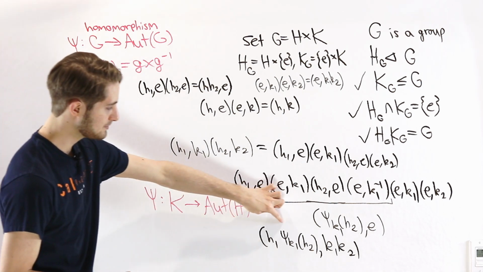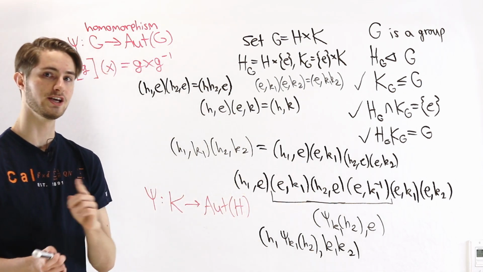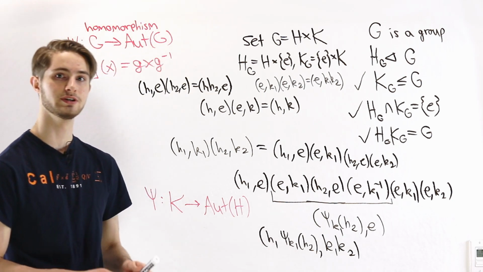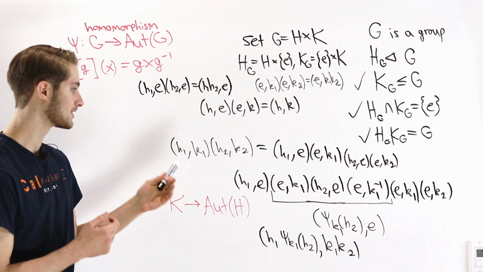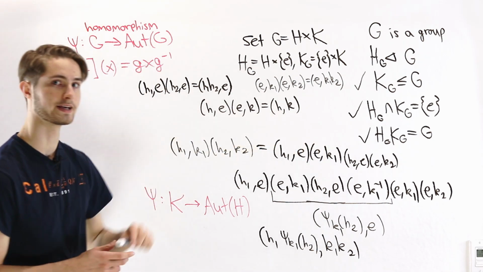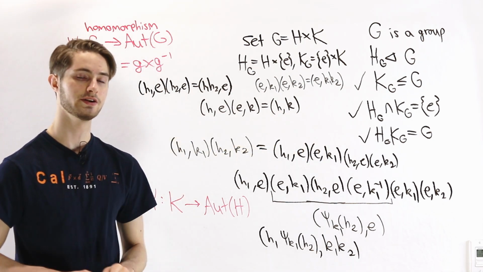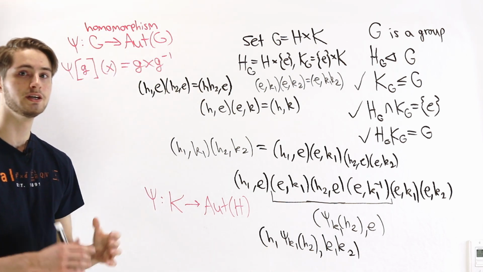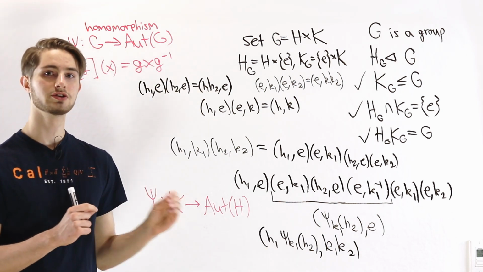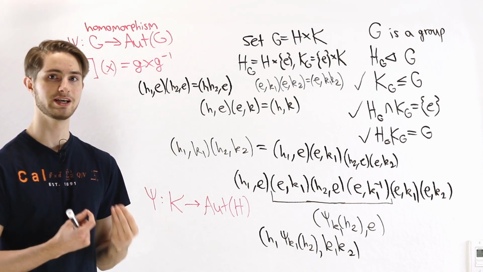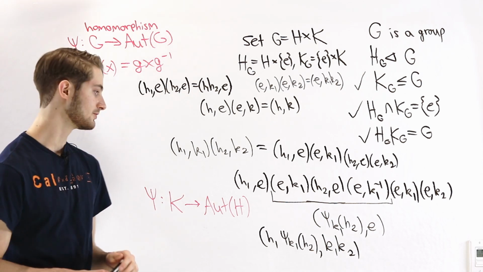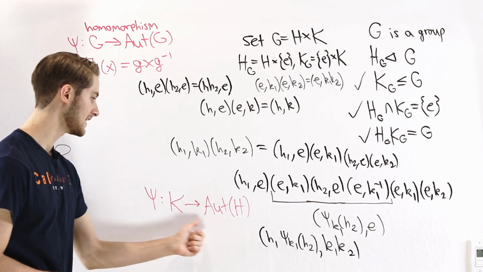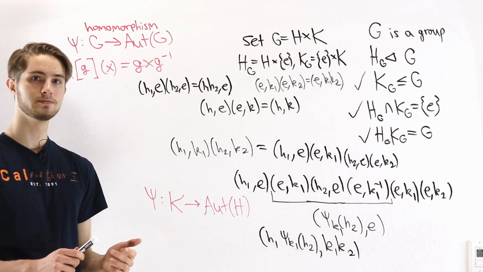But really, this map psi is just conjugation in disguise, because what this psi k1 of h2 is describing is the conjugation of h2 by k1, just like in the inner semidirect product case. The reason that we use this notation is that it makes it shorter, and it also lets us talk about what that conjugation has to be. Like we said before, that psi always has to be a homomorphism from K into the Aut of H.